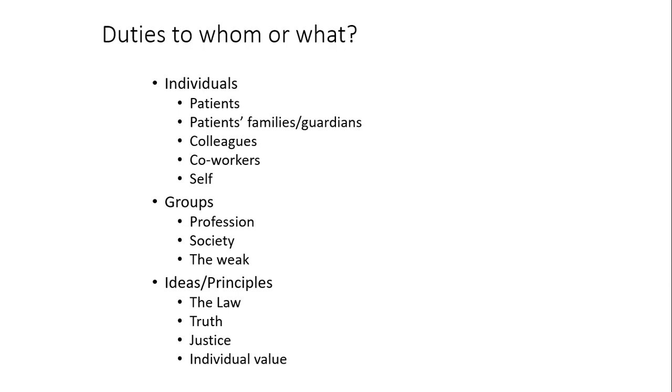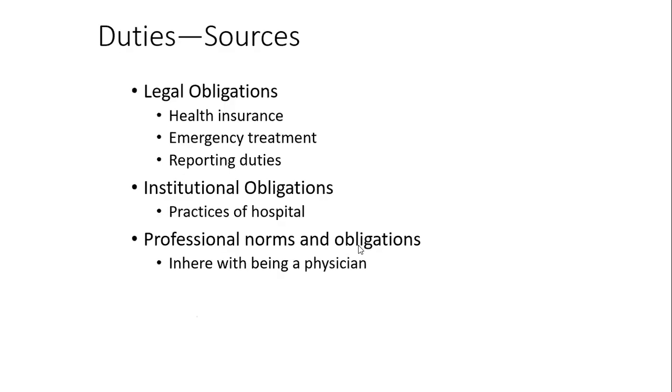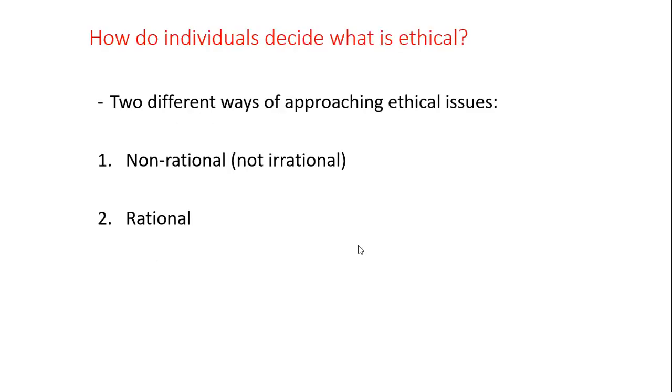You owe obligation to society generally, and the vulnerable, the weak. The ideas or principles which may be implicated may be that what you are doing is against the law, or is against truth telling, or you are not advancing justice, maybe some individual value. And in terms of their duties, they emanate from various sources: legal obligations, institutional obligations, professional norms, and obligations.